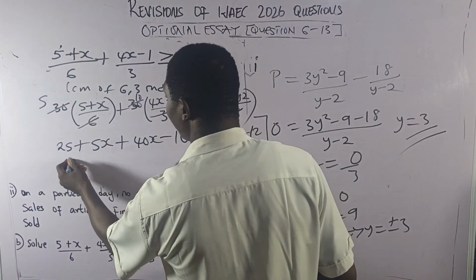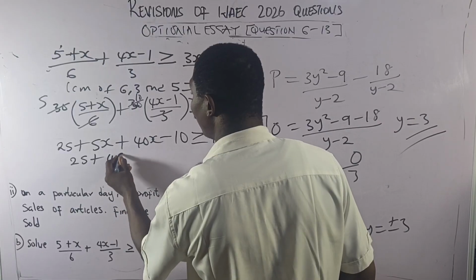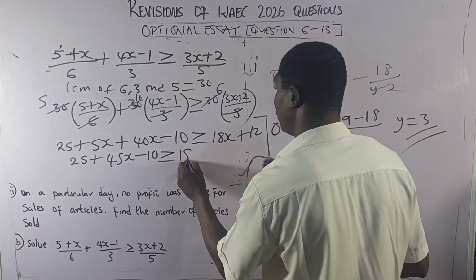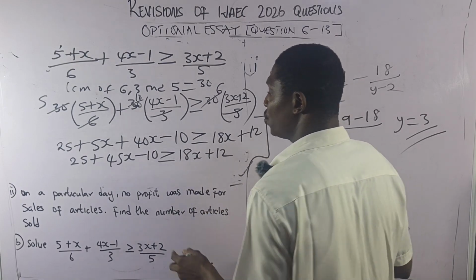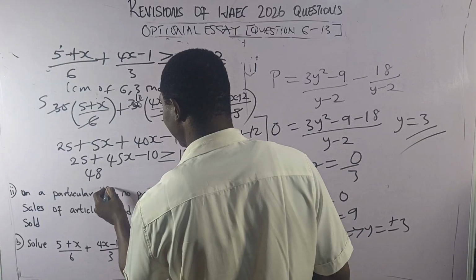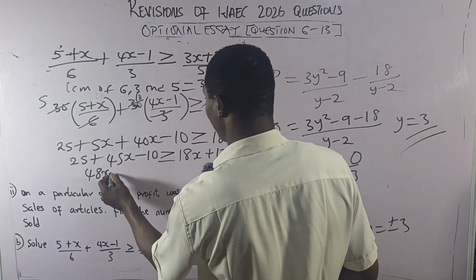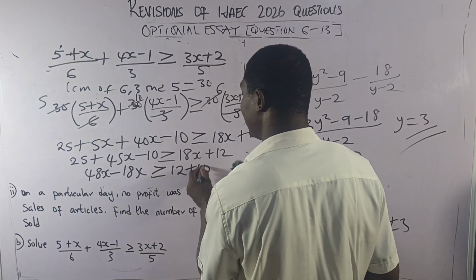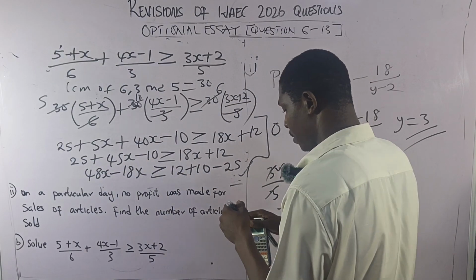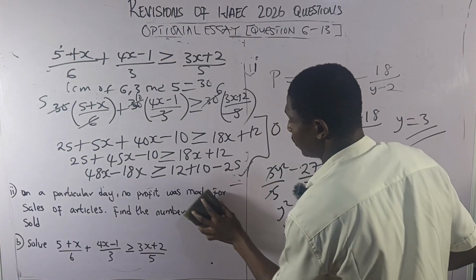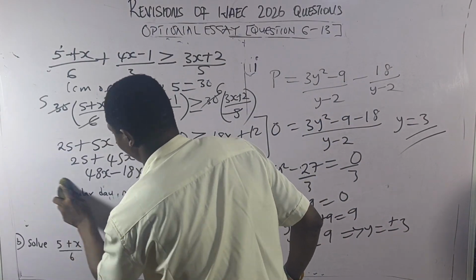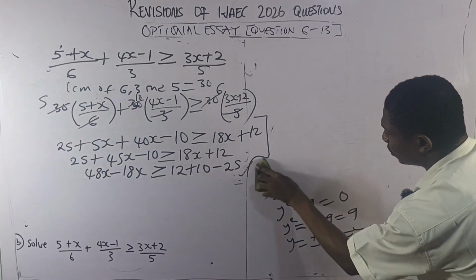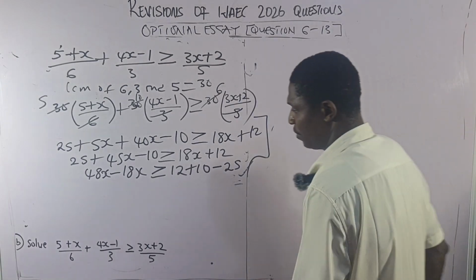So we can simply have 25 plus, here will give me 45x minus 10 greater than or equal to 18x plus 12. So I'm looking for x. I'll have 48x, collecting like terms. This will become minus 18x greater than or equal to 12. This becomes plus 10. This becomes minus 25.